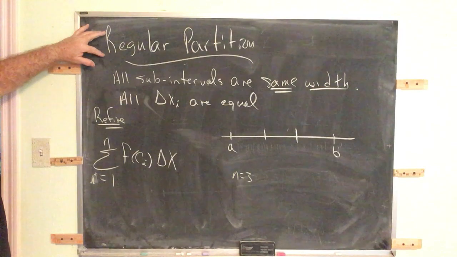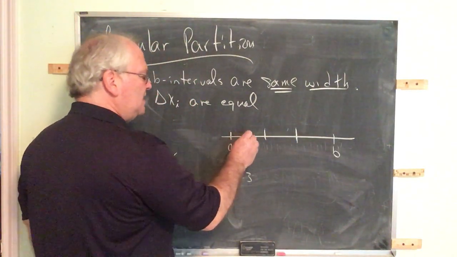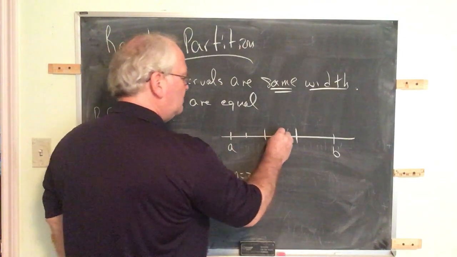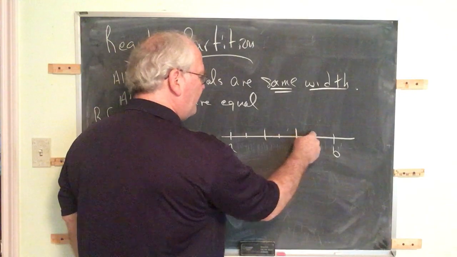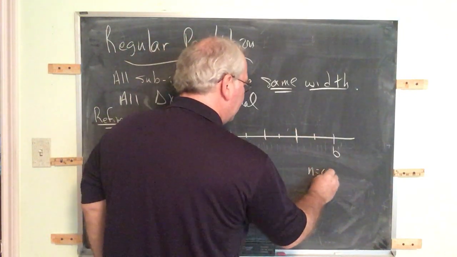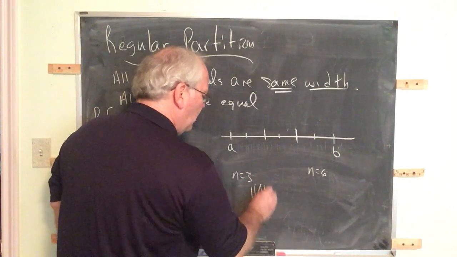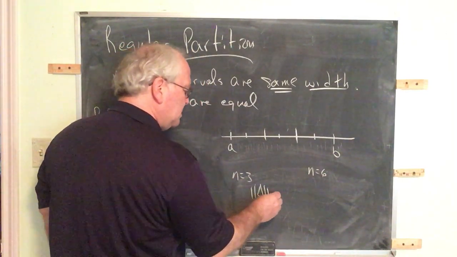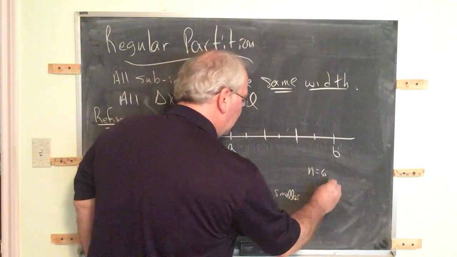All right? Now notice, in this case, I have n equals 3. Now, if I cut this into equal pieces, now I have 0, 1, 2, 3, 4, 5, 6. Now I have n equals 6. Notice, the norm of delta has gotten smaller but n has gotten larger.